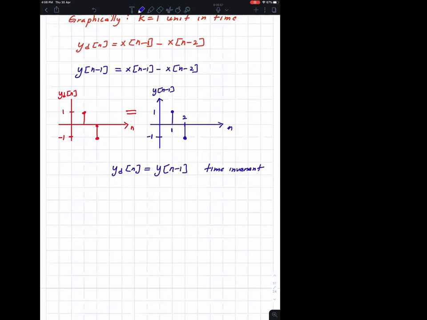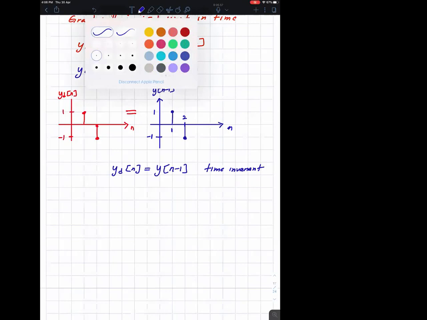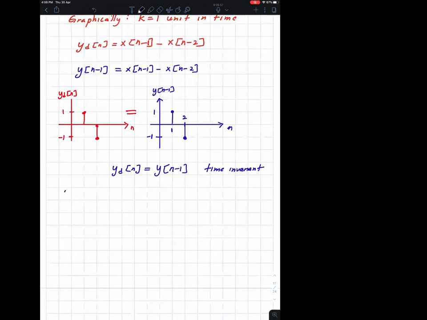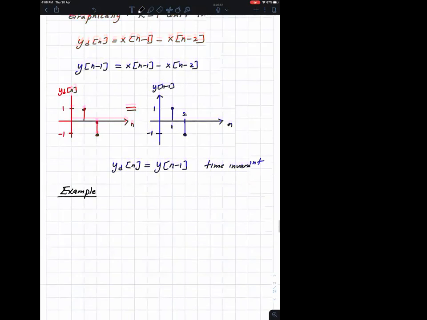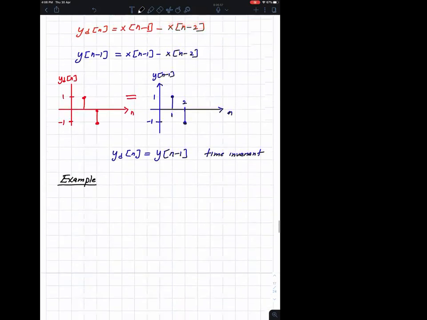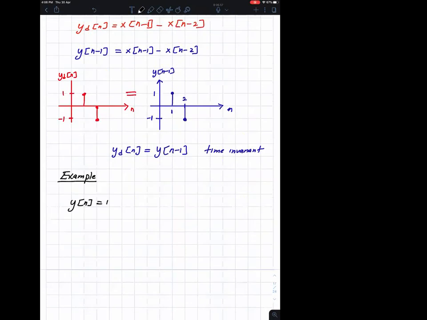Let's look at another example. Let's say you have y n and x n.